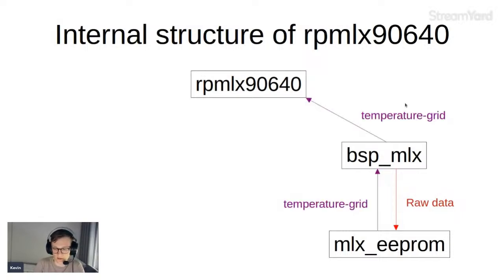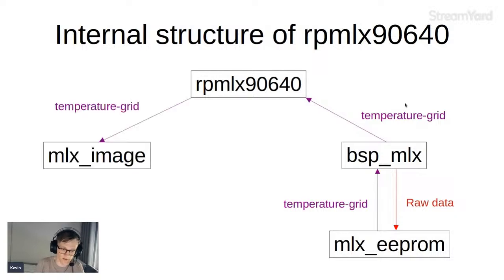So now we have a grid of temperatures, or more like an array of temperatures, but it represents a grid. To visualize it, there's another submodule called MLX image. This one takes the temperature grid, colors the image and returns the image that's ready to be drawn to the screen.